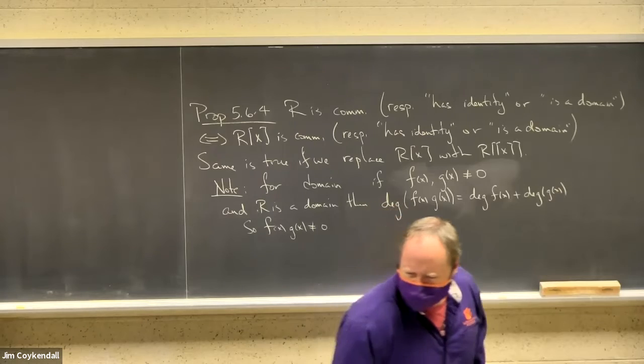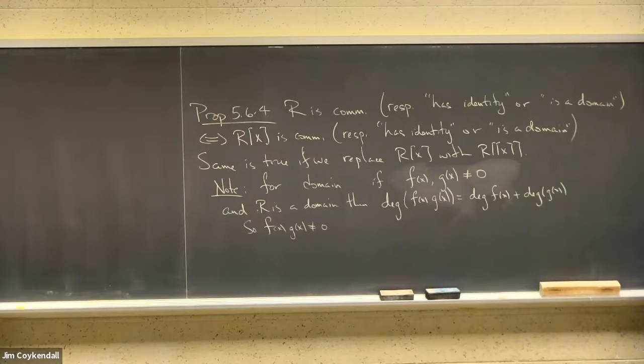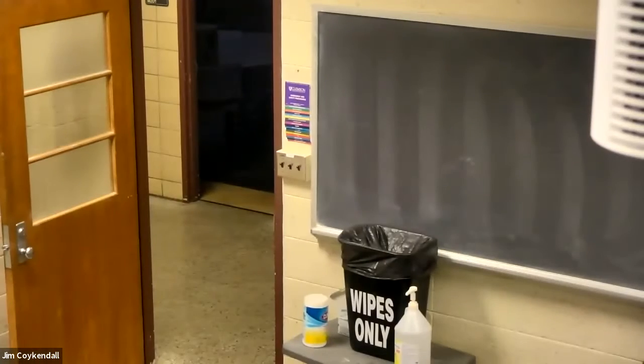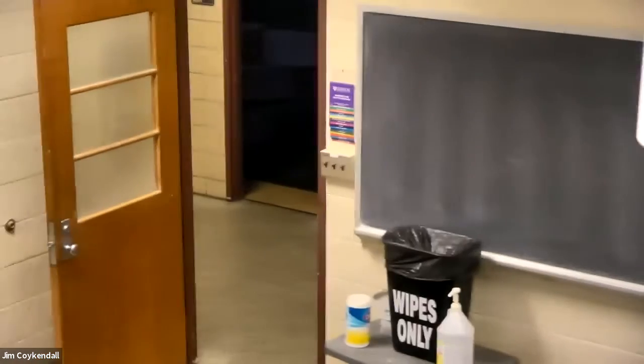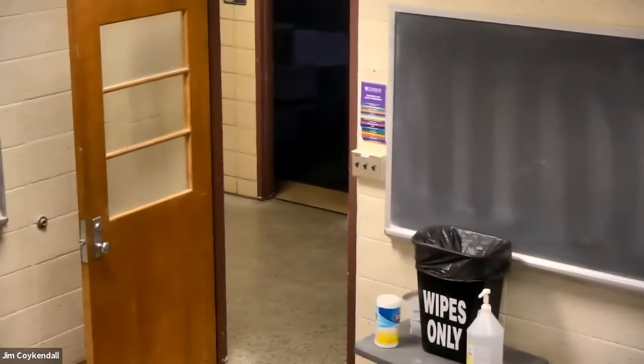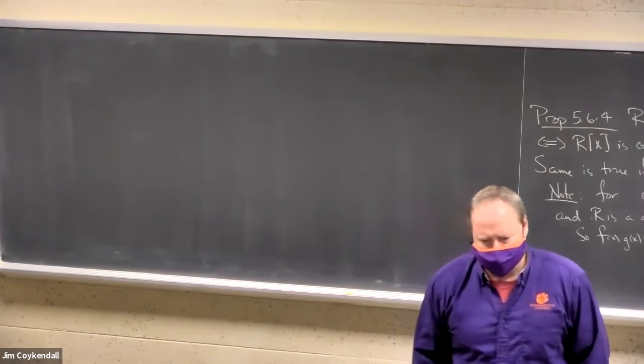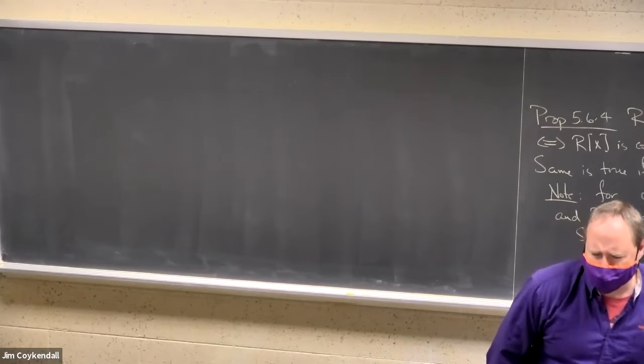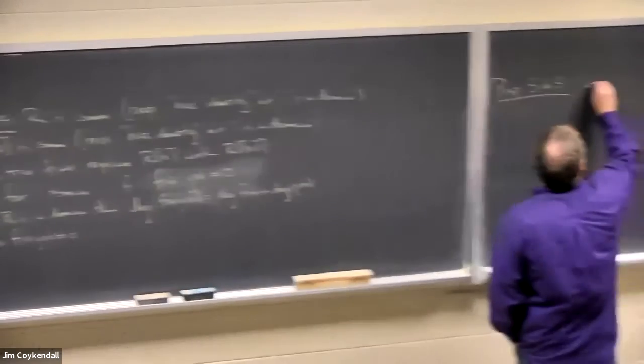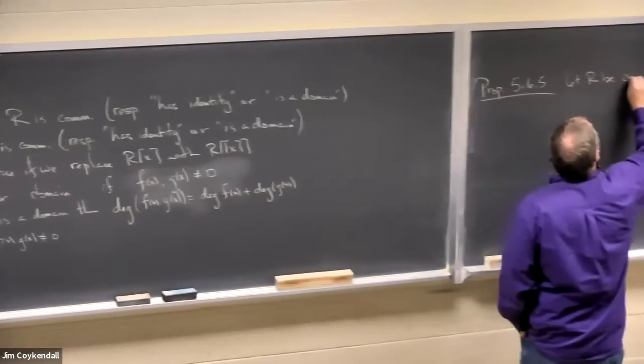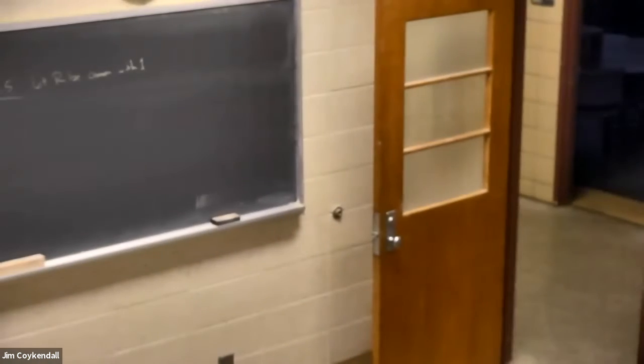Let's see here. Here's an interesting one. One of the important pieces often in commutative algebra is trying to tell how the units relate to each other. So suppose R is a commutative ring with identity.